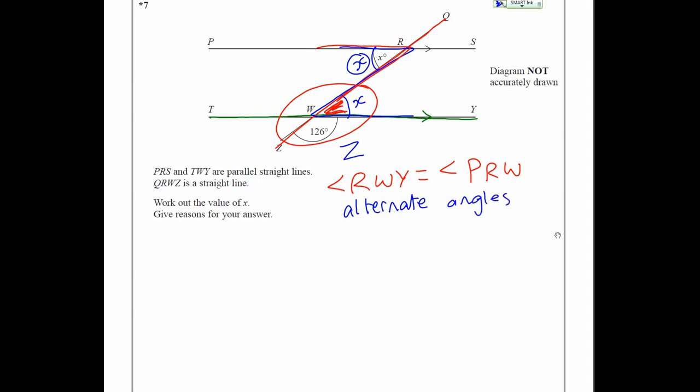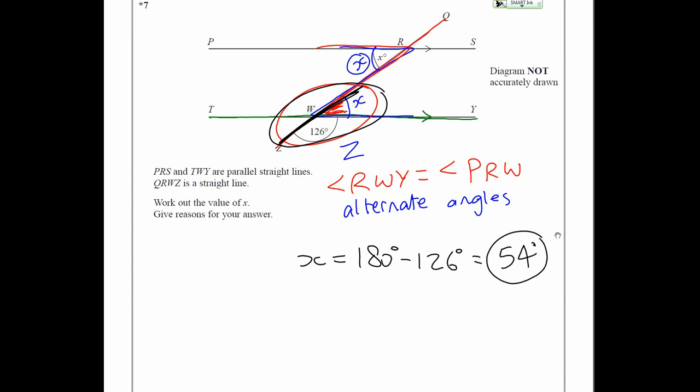The next thing that we've got is angles on a straight line. So x equals 180 minus 126, which equals 54 degrees.